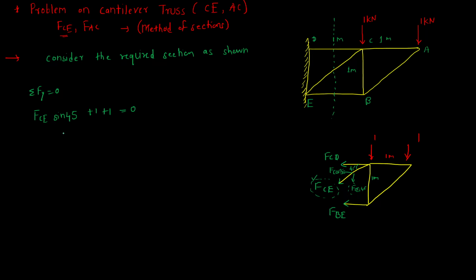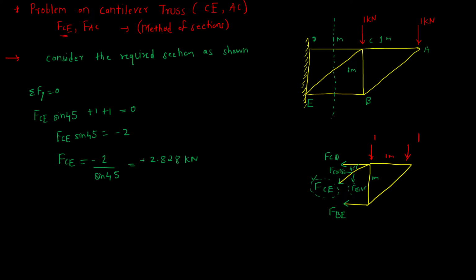That's it. Now if you solve this, FCE sine 45 is equal to minus 2, which means FCE is equal to minus 2 divided by sine 45. That comes to minus 2 into 1.414, which gives us minus 2.828.